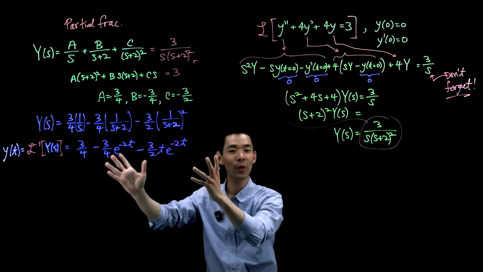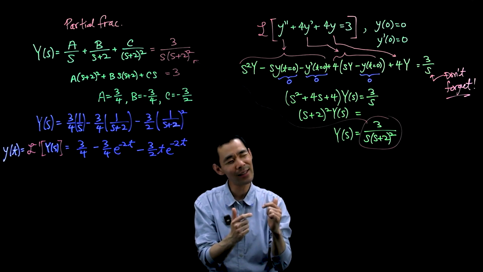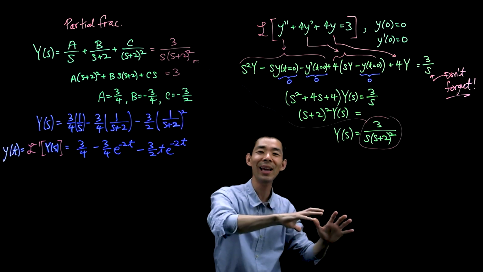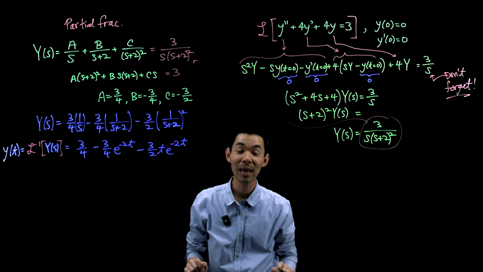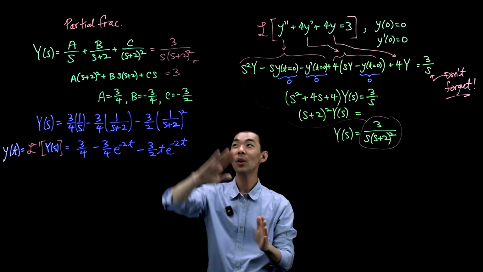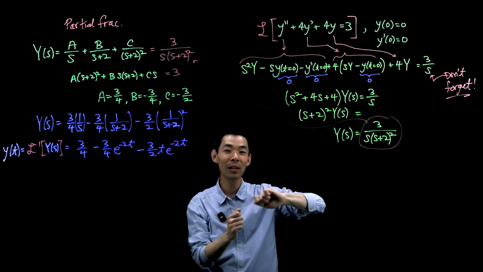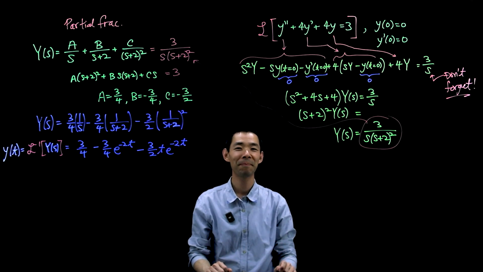I've used one trick called partial fractions to make the inverse easier, because it all comes down to taking this solution and massaging it in just the right way so that you can take the inverse easily using the Laplace table. The whole reason why we're using partial fractions is so that it can make it look like terms on the Laplace table. That's the whole point.